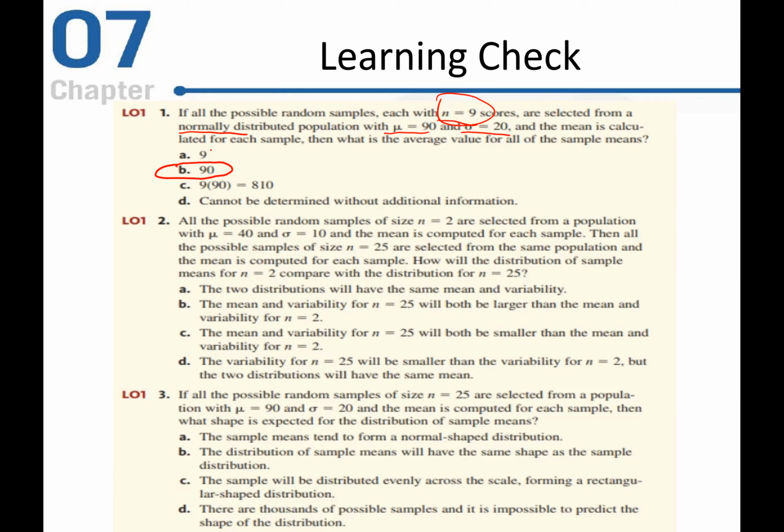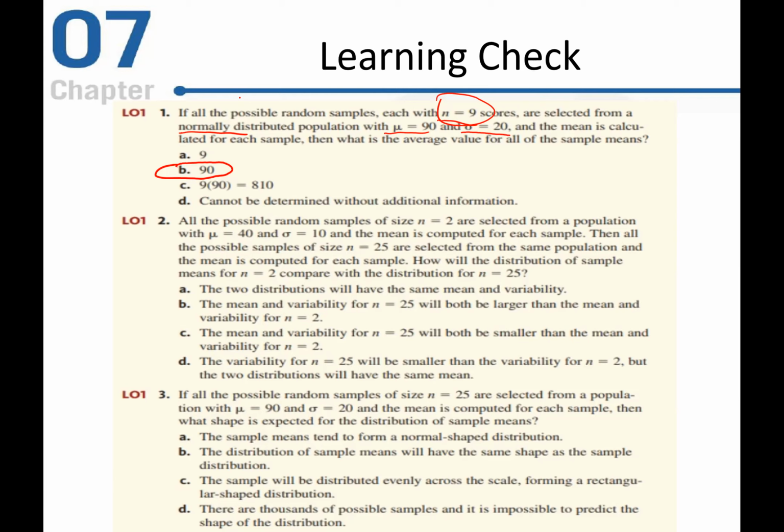Well, let's think about this. I didn't directly tell you how to do this, but we should be able to figure it out. We talked about how the larger the sample size, the closer the sample means are going to be to the population mean.